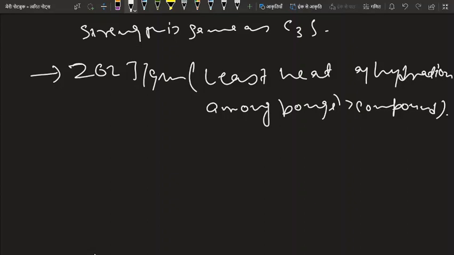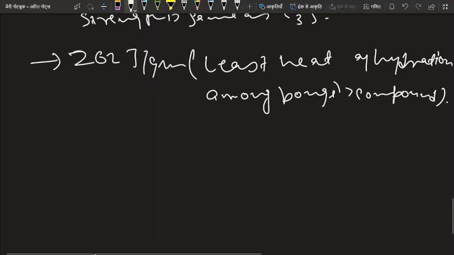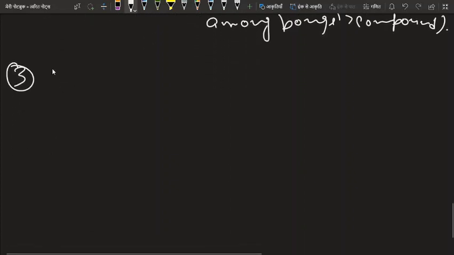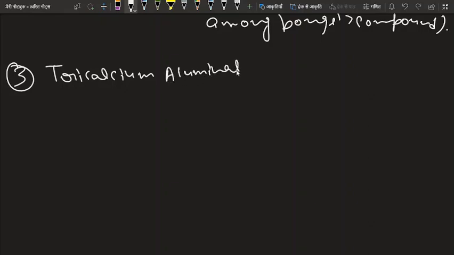Okay, now we will move on to the third Bogue compound, which is tricalcium aluminate, C3A. Third one is what? Tricalcium aluminate, which is C3A.